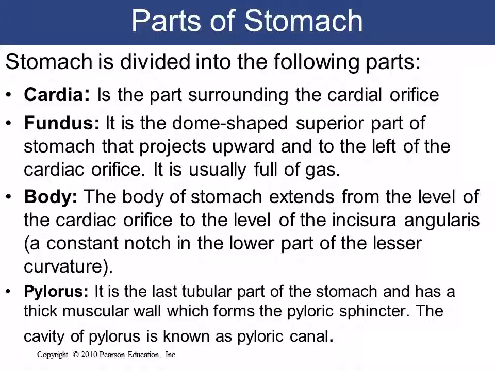Its wide part is called the pyloric antrum, which leads into the pyloric canal, the narrow part. The pylorus is the distal sphincteric region of the pyloric part, marked by a circular layer of thick smooth muscle, which controls discharge of stomach contents through the pyloric orifice.